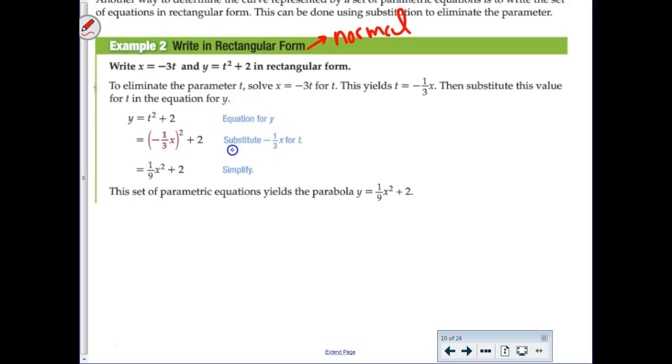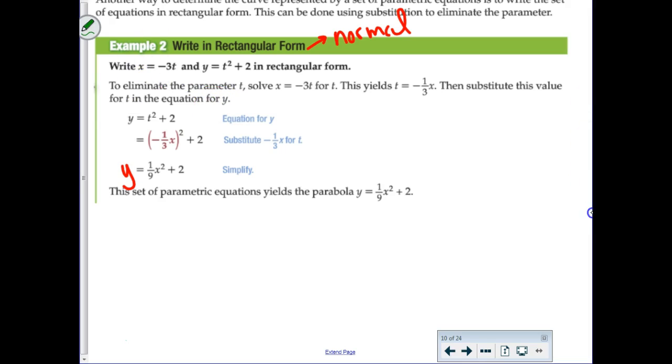So what they did was, because these two equations had t in common, they did a little substitution trick. And because rectangular form typically is y equals because it's function notation, they plugged the x formula into the y formula, so that way it was in terms of x. So here's what they do.